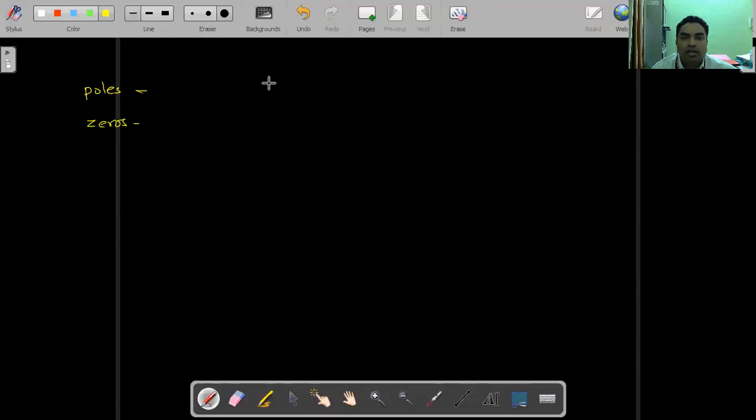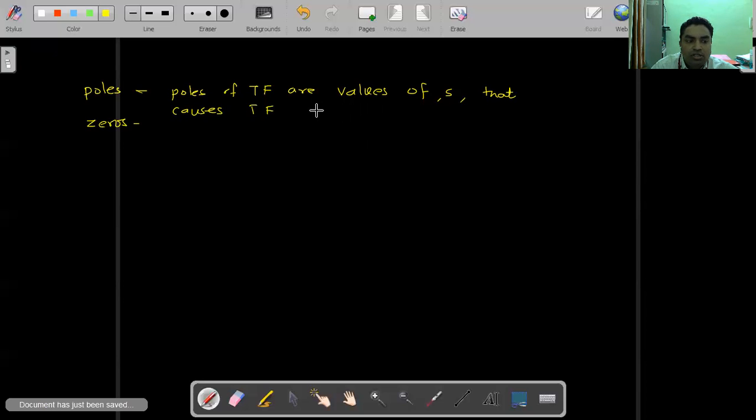Poles and zeros. Poles of transfer function are values of s, the Laplace variable, that cause the transfer function to become infinite.